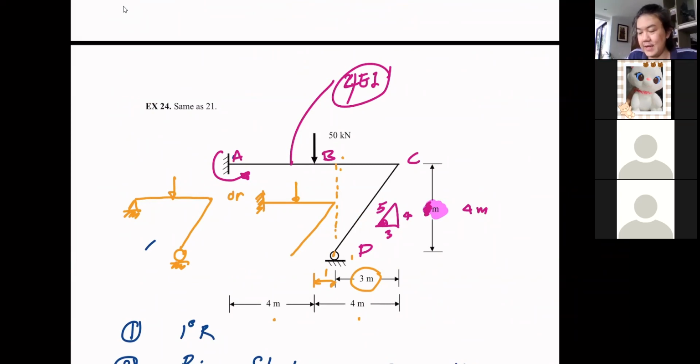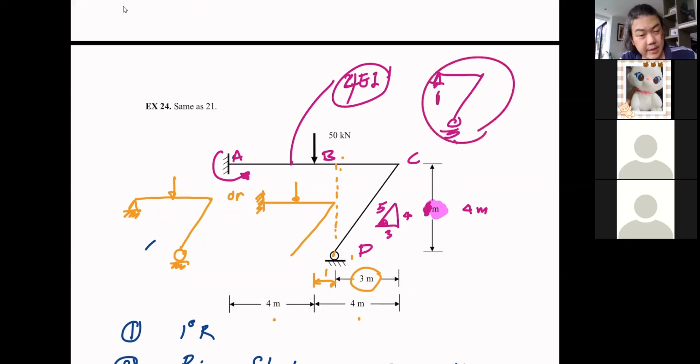If this is a determinate structure like this, I can change the EI all I want, but the magnitude of the reactions will remain the same, while the displacement will change. Displacement will change, but the reactions will remain the same if my system is determinate.